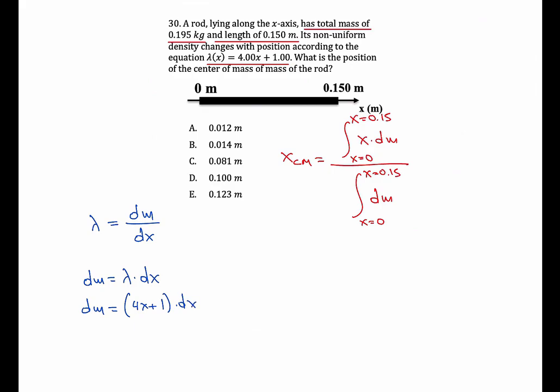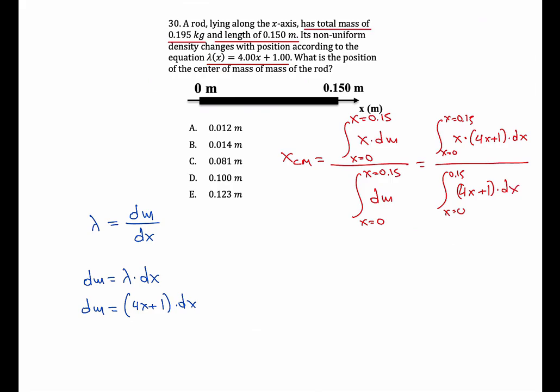So my integrals now become the integral from x equal to 0 to x equal to 0.15 of x times, wherever we see dm, 4x plus 1 dx, and again the integral from x equal to 0 to 0.15, wherever we see dm, 4x plus 1 dx.